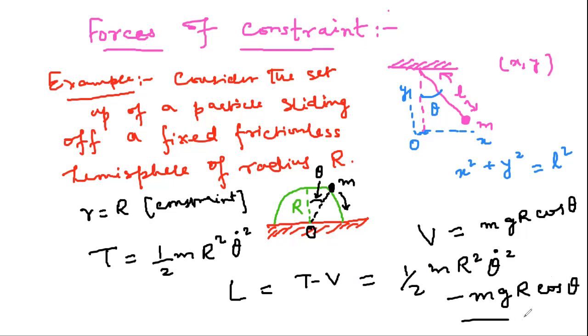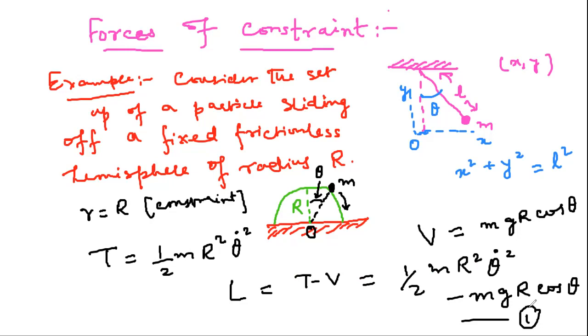This is the Lagrangian of the particle. Half m r square theta dot square minus mgr cos theta. So we can find the equation. In theta, there is only one coordinate, that is theta, for which we have to solve the Euler-Lagrange equation of motion. So let us do that, right?